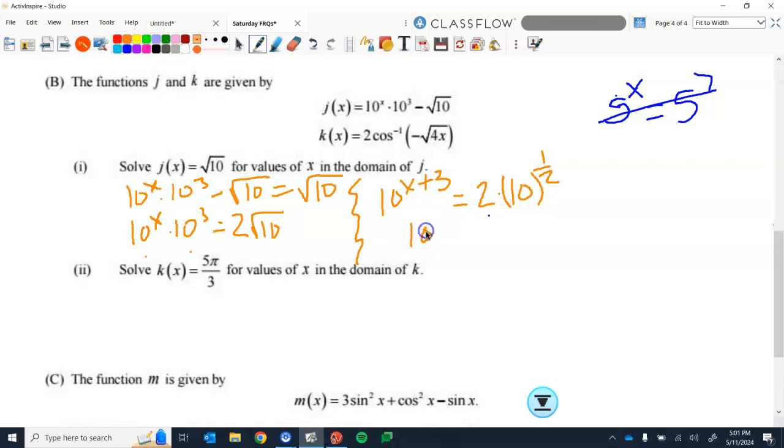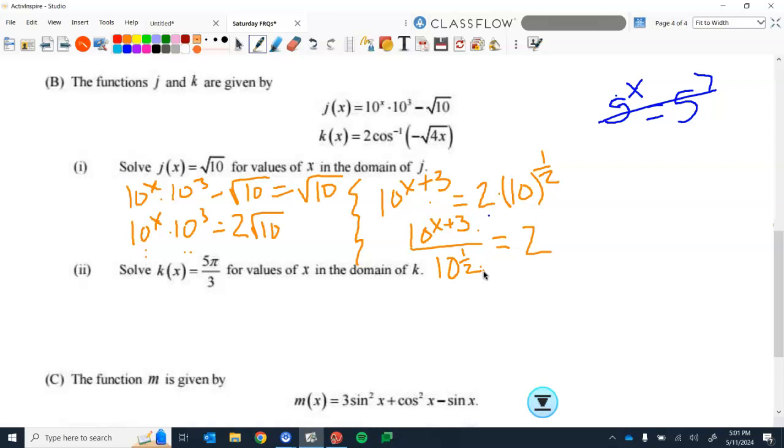So this will give me 10 to the x plus 3 power over 10 to the 1/2 power, and that equals 2. I can't get a common base because 2 to any exponent that I know that I can calculate is not going to give me 10, and same thing with 10. But I do know that since when I multiply these, I added the exponents, since I'm dividing, I'm going to subtract the exponents. And this is a 1/2 is the exponent, because again, bad handwriting. 1/2 is 0.5.